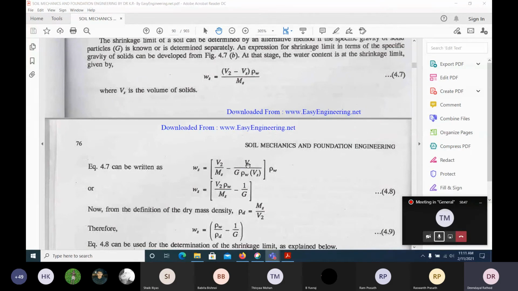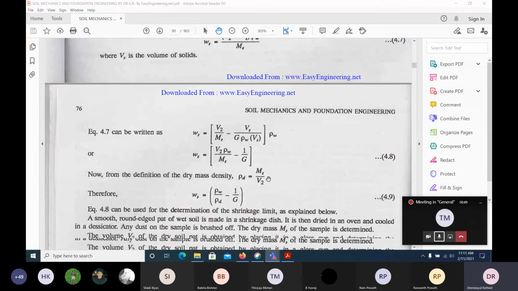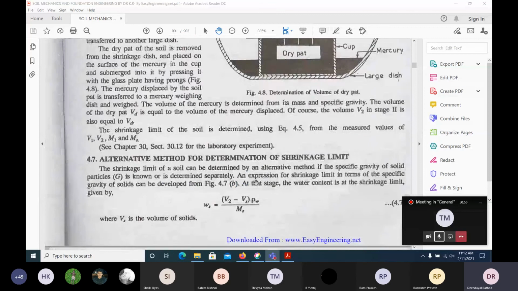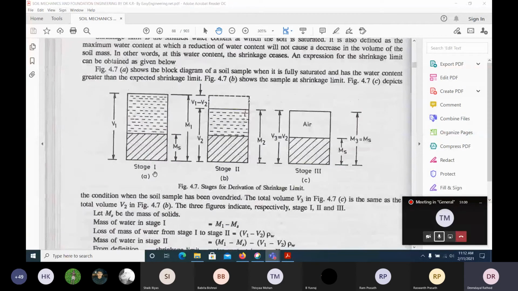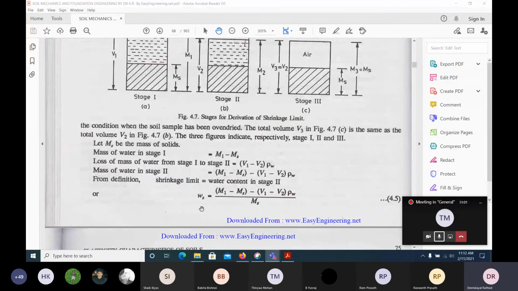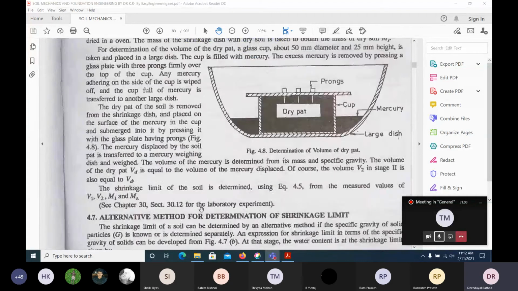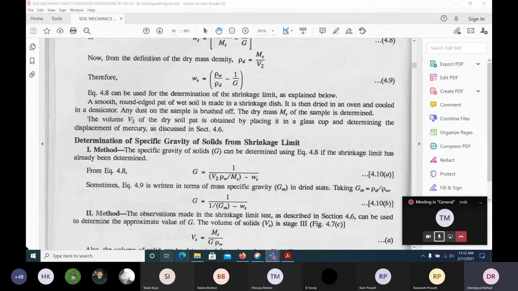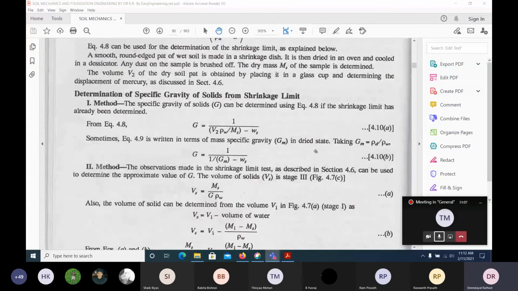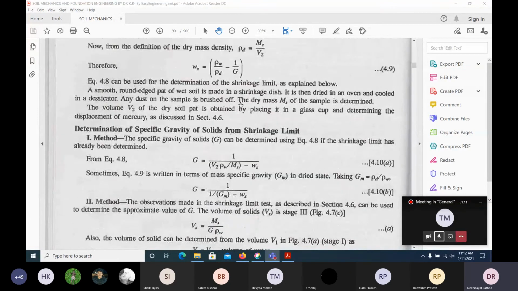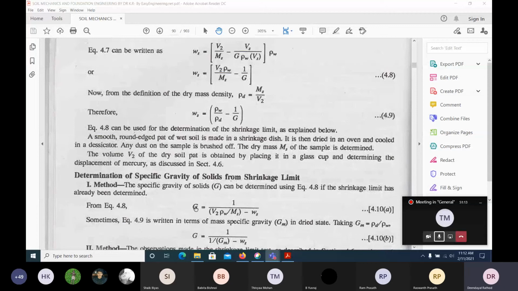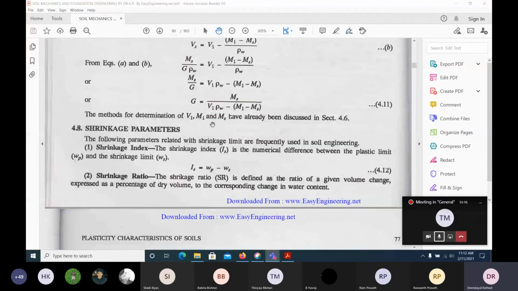Finally, Ms by V2 is nothing but the dry density, the soil in a fully dry state. Likewise, we can find it. Understand? There are some definitions also given for how we can find G, and the same equation is written here. You can play with those equations.